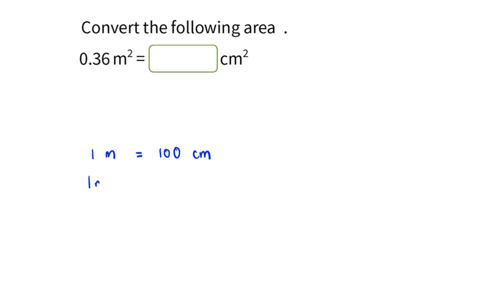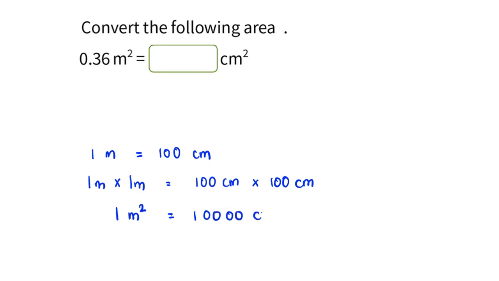So 1 meter times 1 meter is actually 100 cm times 100 cm. And therefore my 1 meter square is equal to 10,000 cm square. So with that in mind, I will then be able to get this conversion pretty straightforward.